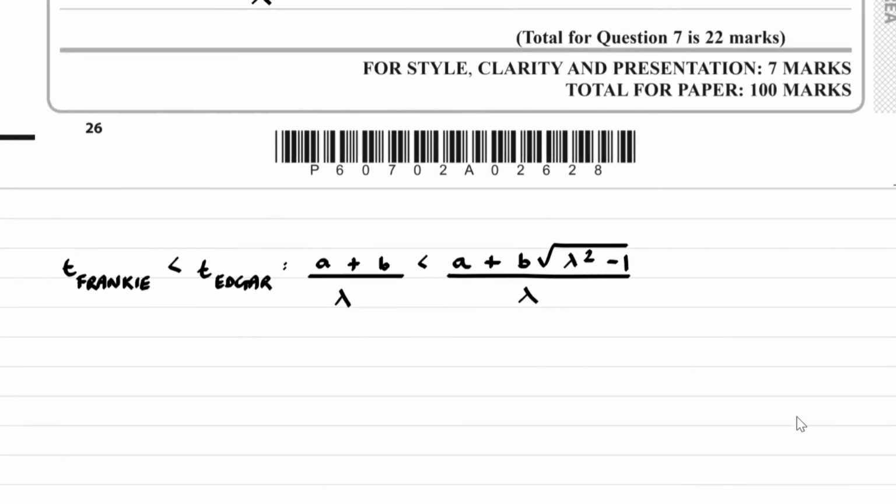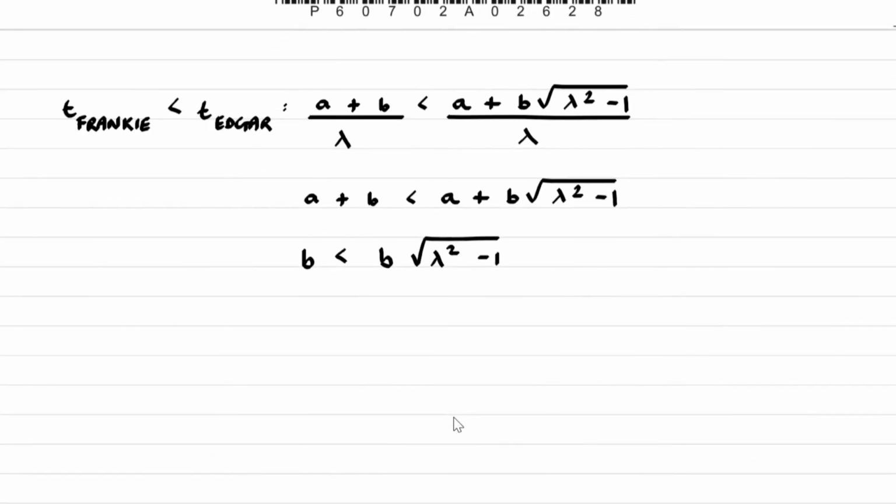So now let's find out the range of values for lambda. Well, if we cancel the lambdas from the top and bottom, we have A plus B being less than A plus B times lambda squared minus 1 square rooted. A is cancelled, so we are left with B being less than B times lambda squared minus 1 square rooted.